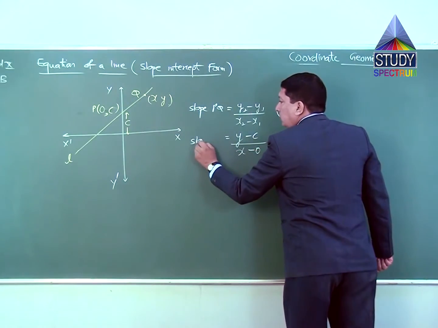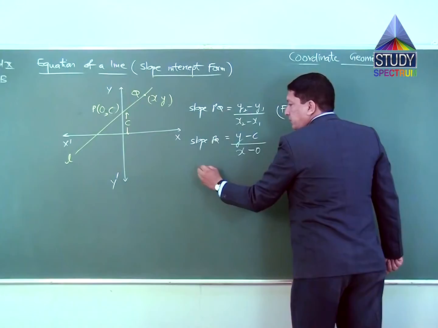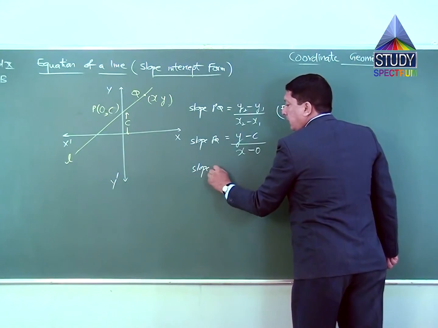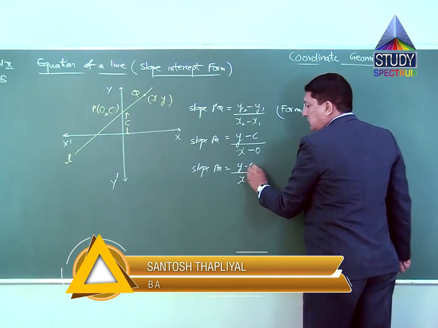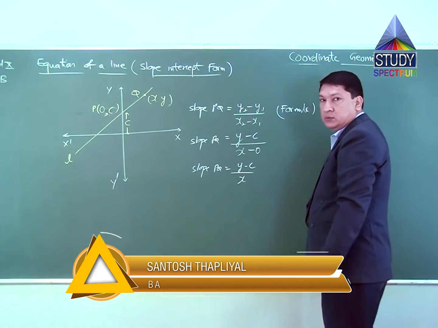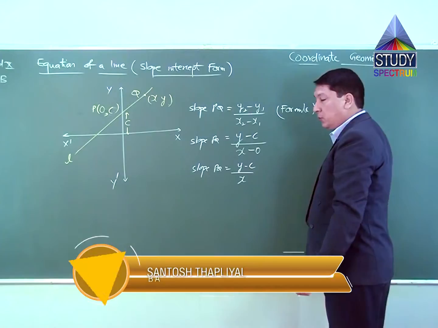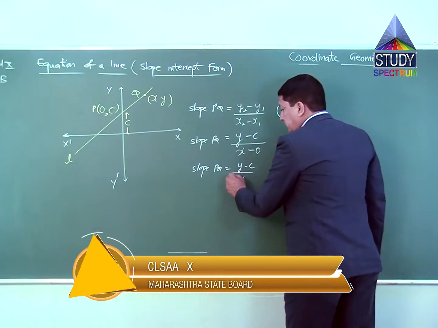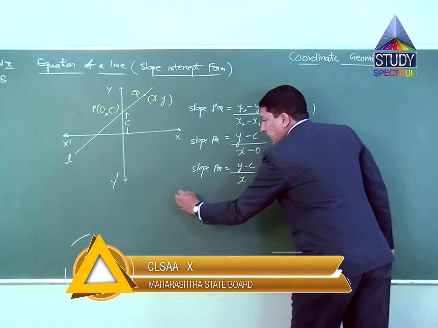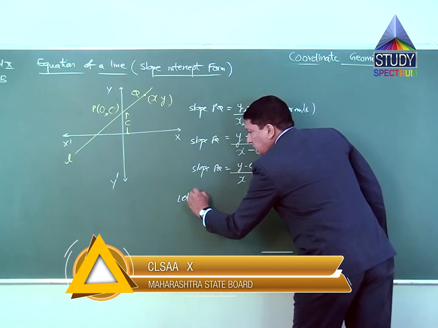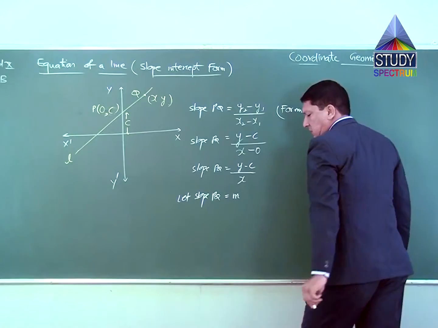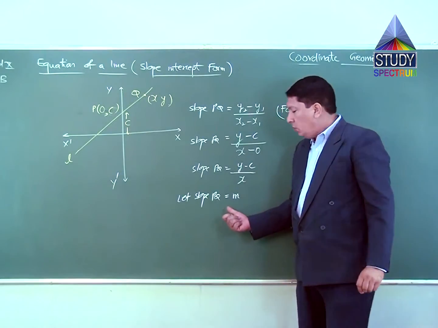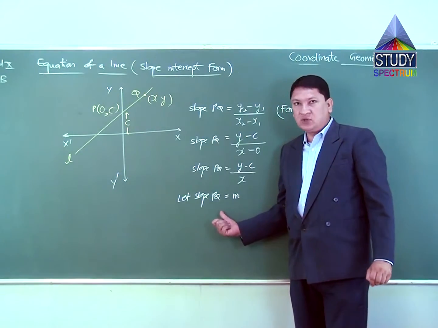This is slope PQ. Therefore slope PQ is y minus c upon x. Slope of PQ is y minus c upon x. Now, let slope PQ be m. I am naming it. If you remember, initially I have told you, normally we write m for the slope.